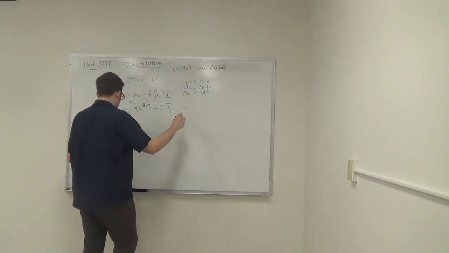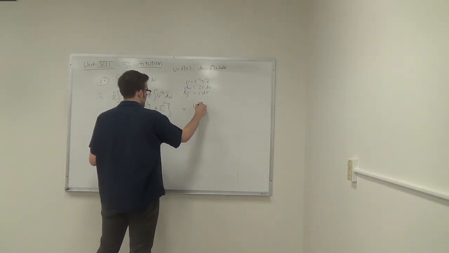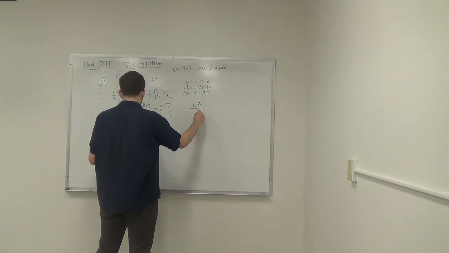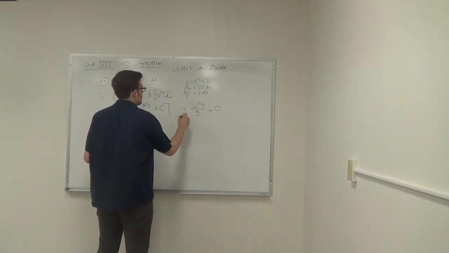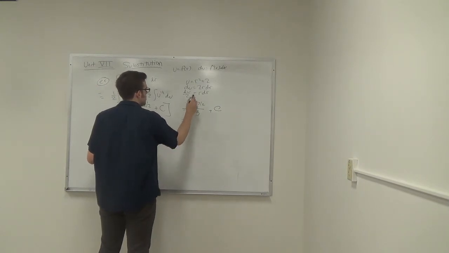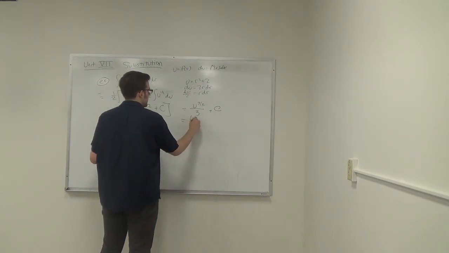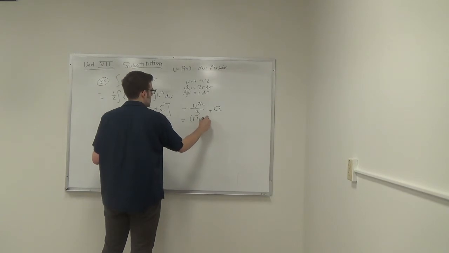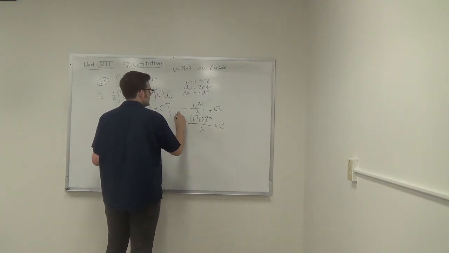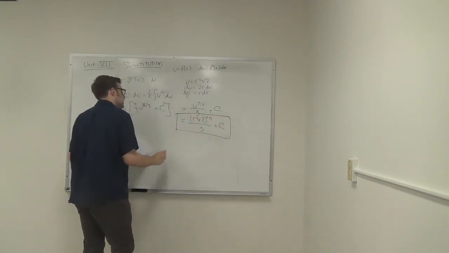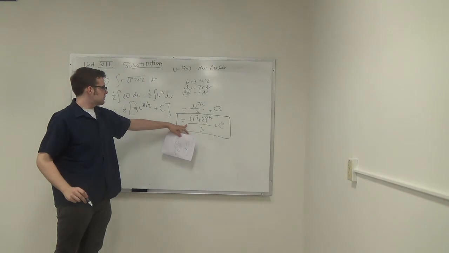And we get u to the 3/2 over 3 plus c. And we can just replace the u with the r squared. So we get r squared plus 2 to the 3/2 over 3 plus c.